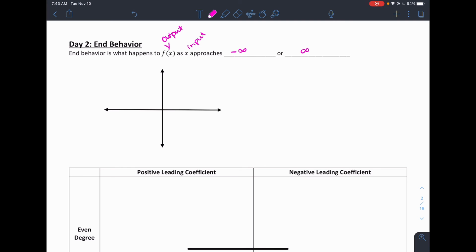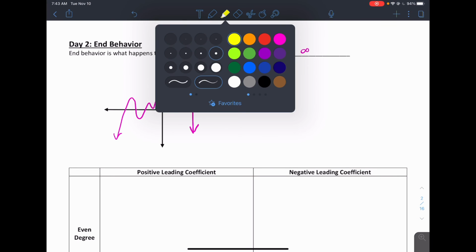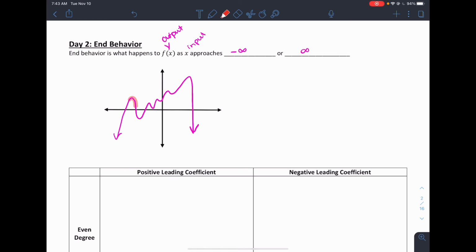So for example, I'm just going to draw a random polynomial and the details don't matter here. What I don't care about on this polynomial is all of this stuff. End behavior is all about the long term. I don't really care about the middle behavior.